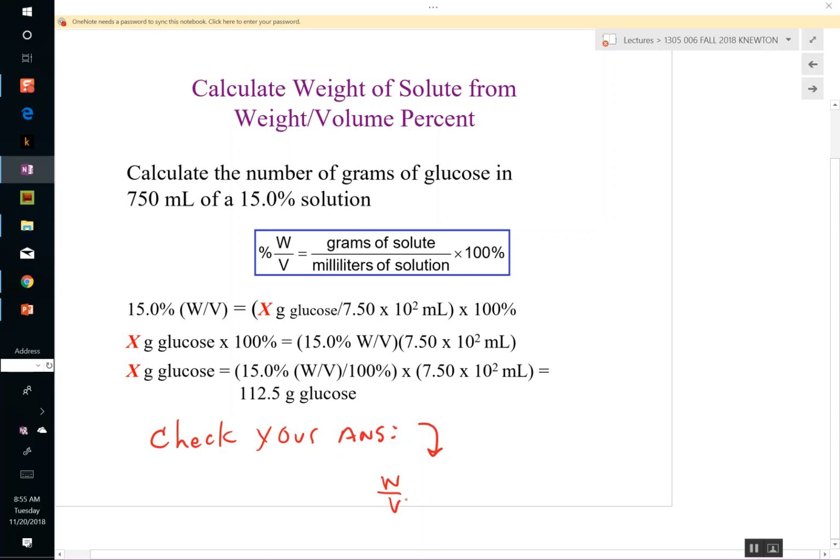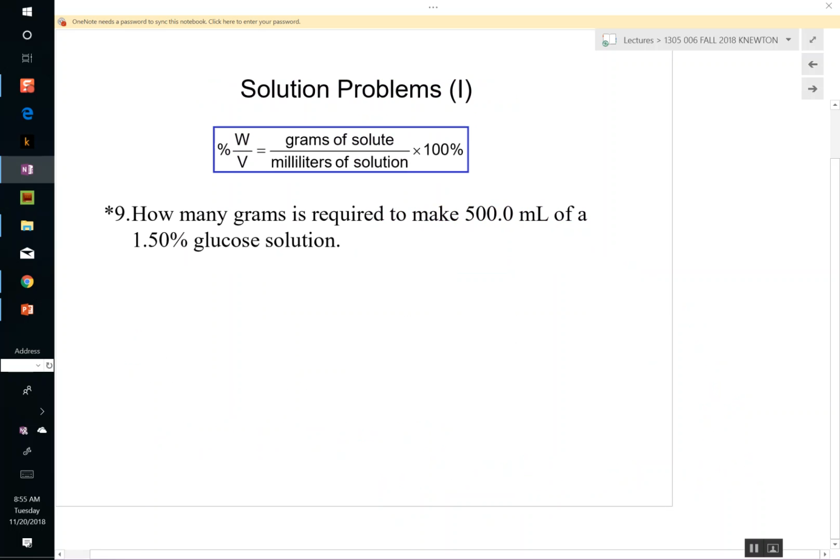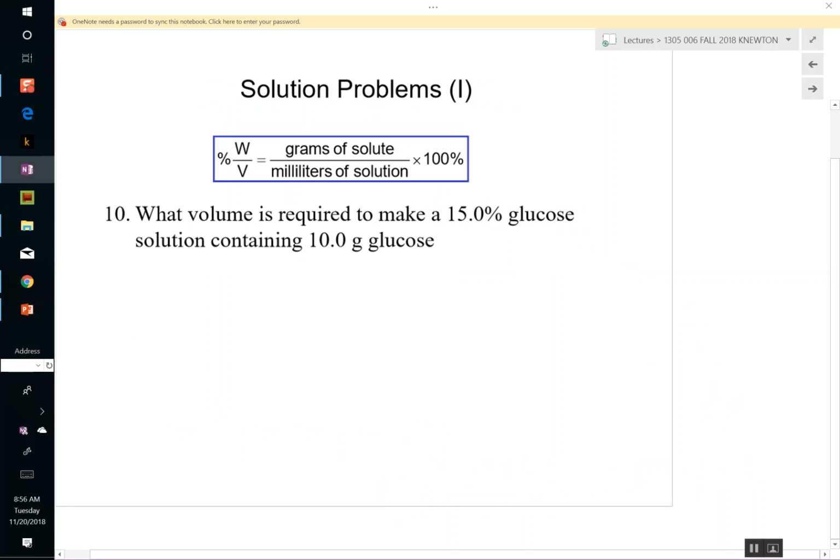Weight volume equals 112.5 divided by 750 times 100% equals 15%. All right? So check your answer. All right, so there's another one there. Like I said, there are extra problems. Sit down with a friend and work these problems out.